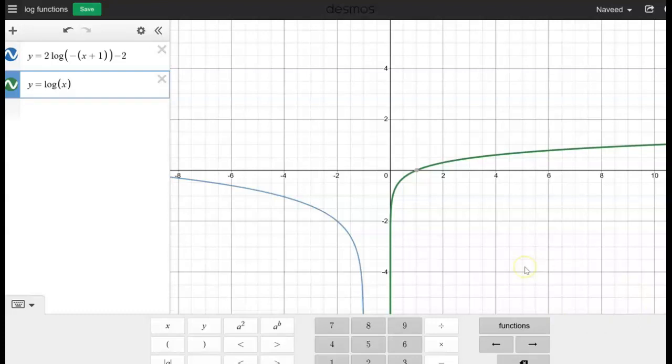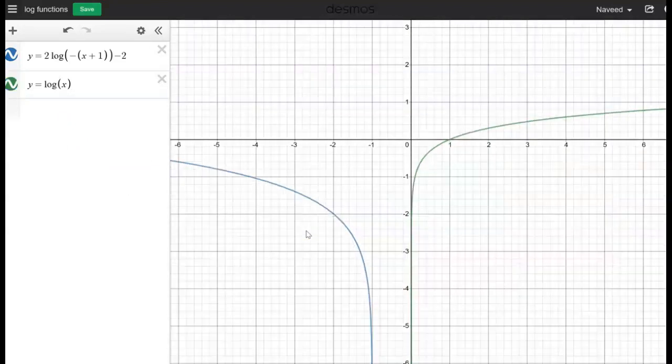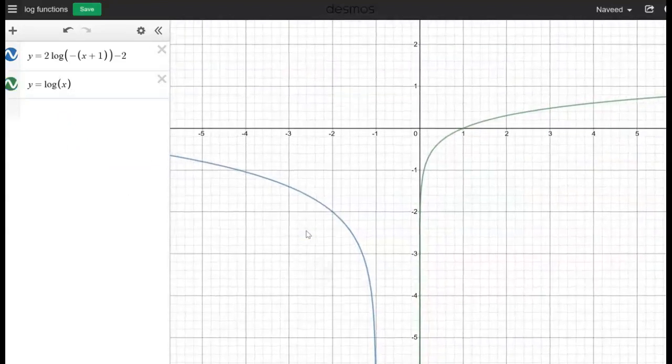And notice that based on this graph, what do we have? Everything is being shifted and stretched vertically. Now the logarithmic graph is an interesting graph. It doesn't give you a lot of specific characteristics like typical polynomial functions, but you see what is happening. The graph has been dropped down by 2 units.